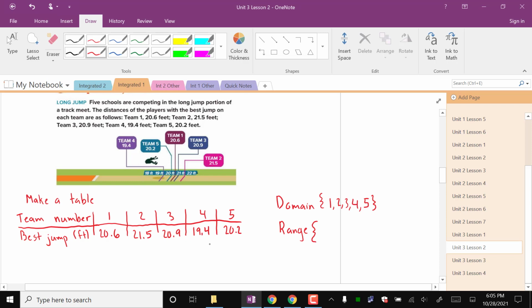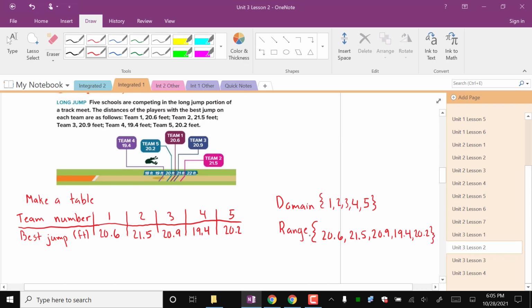If we have any of them repeating, we don't put the repeaters in there. So we have 20.6, 21.5, 20.9, 19.4, and 20.2. So that would be our range.